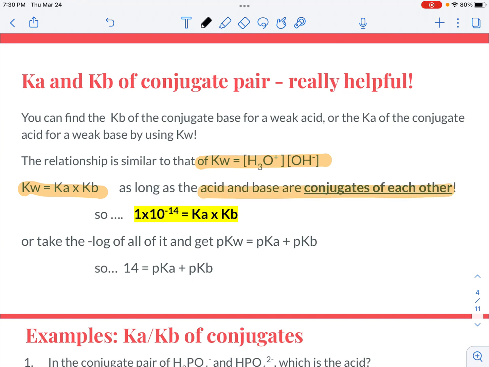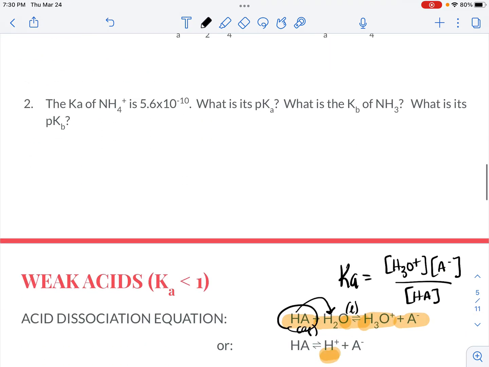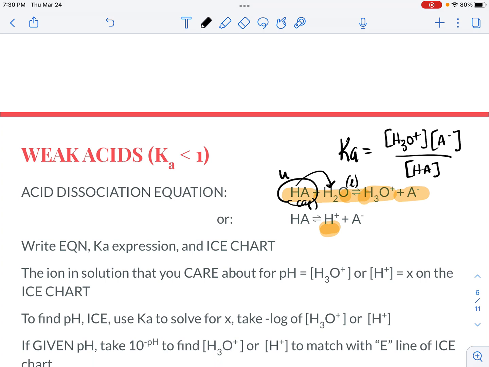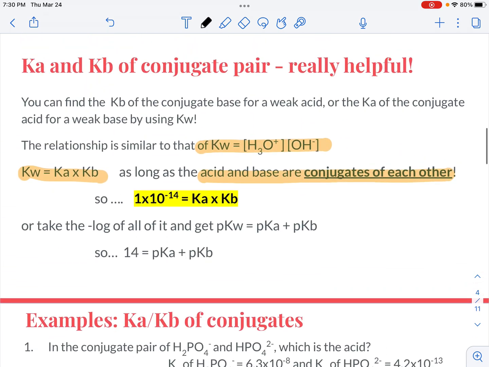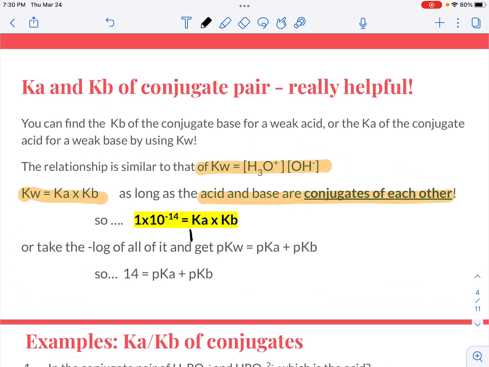So remember that this would have to be the conjugate base. If we're looking back at this equation, this is your weak acid, HA, and the A- is the conjugate base. So in this case, the Ka of HA times the Kb of A- would be equal to 1 times 10 to the negative 14th.